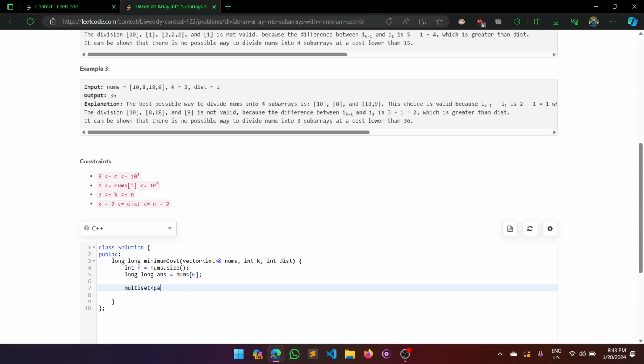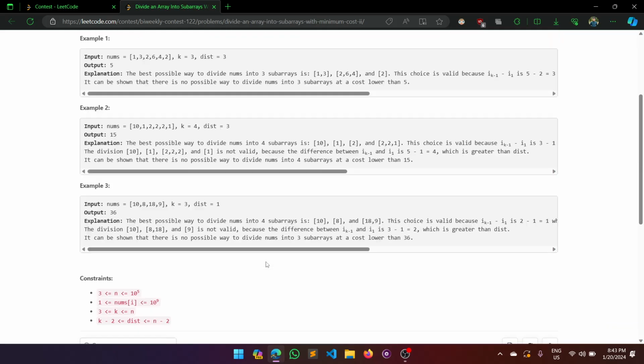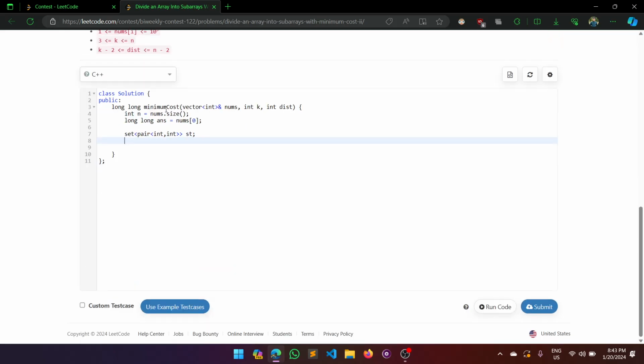If I'm taking a pair, then I don't need a multi-set. I can just use a set. Let's call it set. Blame you don't want to consider. So move. Okay, I want k elements.